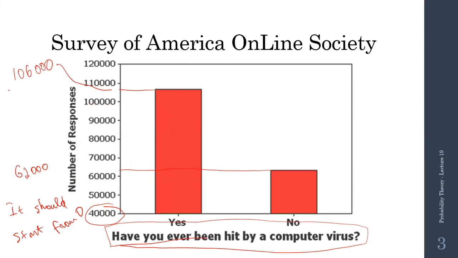We have to subtract 40,000 from this one. 10 minus 4 gives us 6, so it should be 66,000, not 106,000. From this one, when I subtract 40,000, I get 22,000. So it represents the wrong proportions for our graph, the Survey of American Online Society.